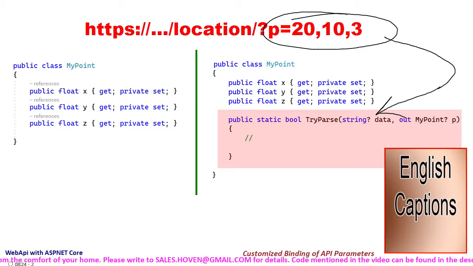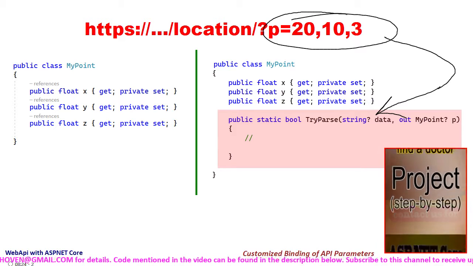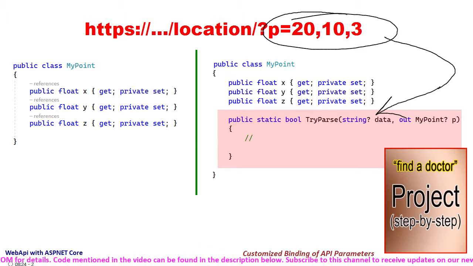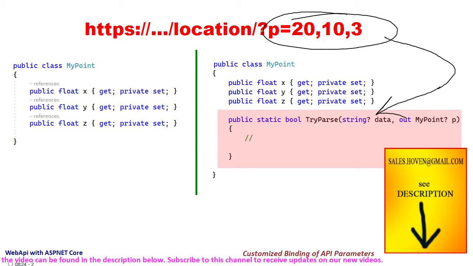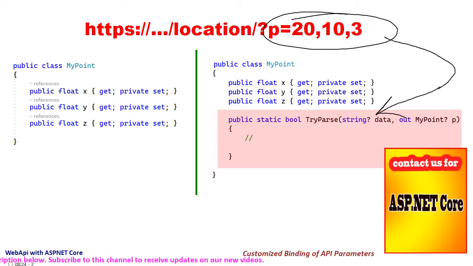After that, we can write suitable statements to split that string into x, y, and z and return an instance of myPoint. So basically you have to have a class and in that class you have to put a function called tryparse and that will convert it into your myPoint.